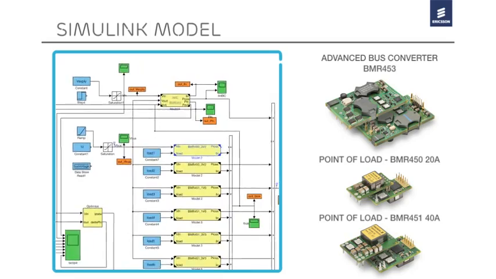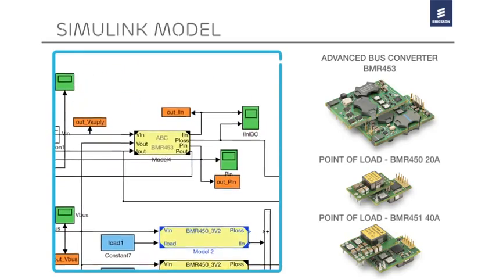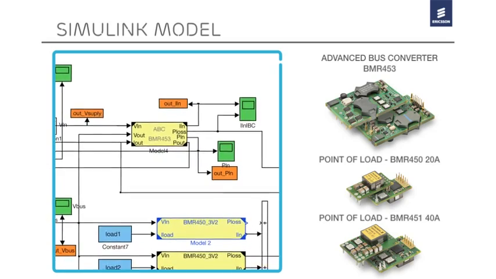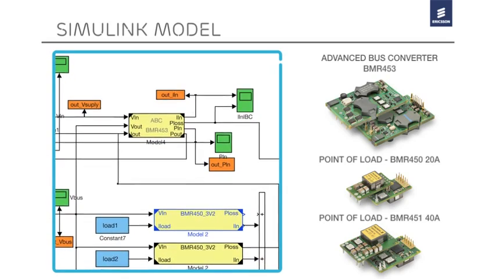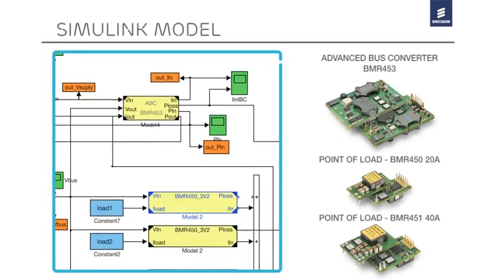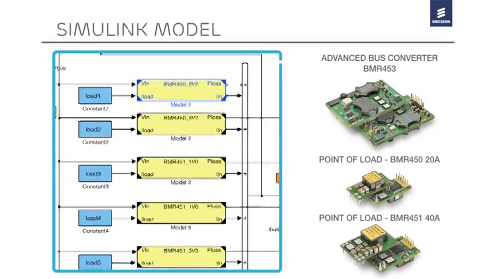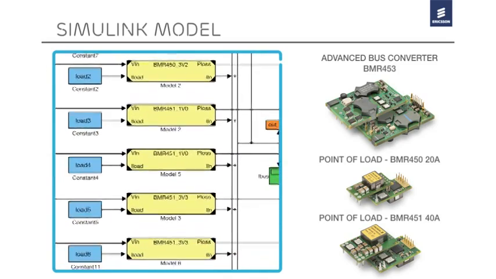The model includes one advanced bus converter, BMR453, converting system voltage that varies from 36 to 75 volts, to an intermediate bus voltage which powers the 6 points of load, two 20-amp BMR450 and four 40-amp BMR451.